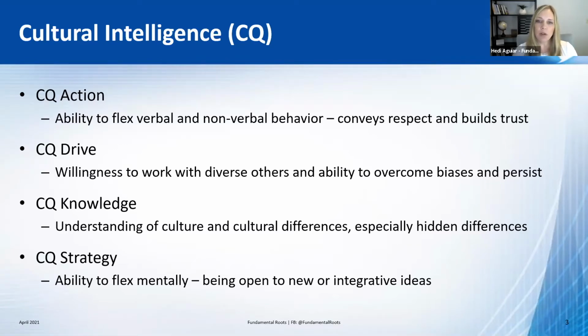CQ drive, cultural intelligence drive, is about the willingness to work with diverse cultures, with a diverse group of people. And the thing is, we have a tendency to be drawn to people who think like us. And sometimes that can be a challenge, right? When you work with people who have a diverse way of thinking of things, that really stretches us and can make us feel uncomfortable.